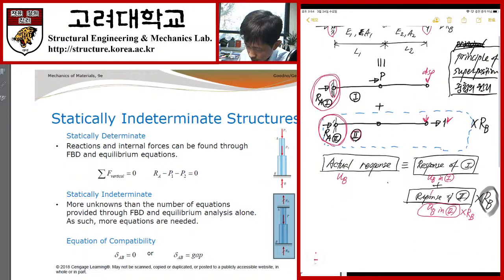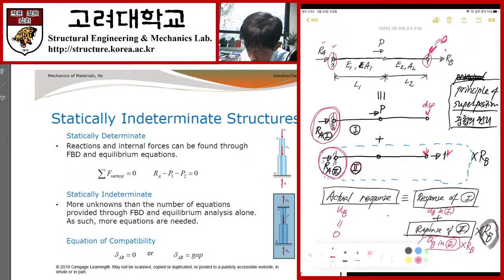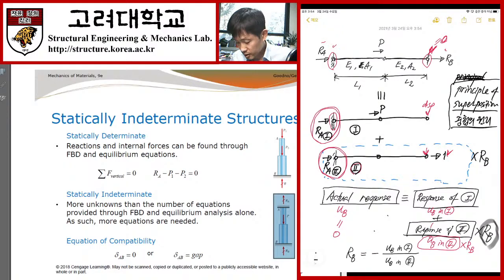That means my reaction RB can be calculated as RB is minus UB in system 1 over UB in system 2. That's how we can determine the reaction.